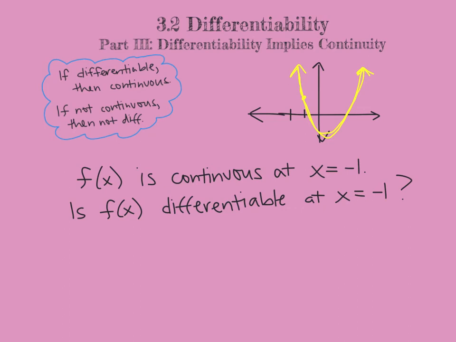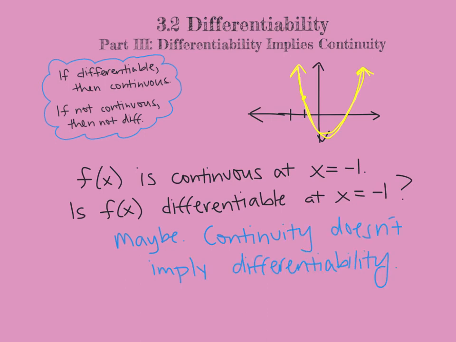As I just drew before with the blue piecewise function, it could be a corner. So how do we answer this question? We answer it with a maybe. Is it necessarily differentiable there? Continuity does not necessarily imply differentiability. So we might be differentiable there, we might not be.